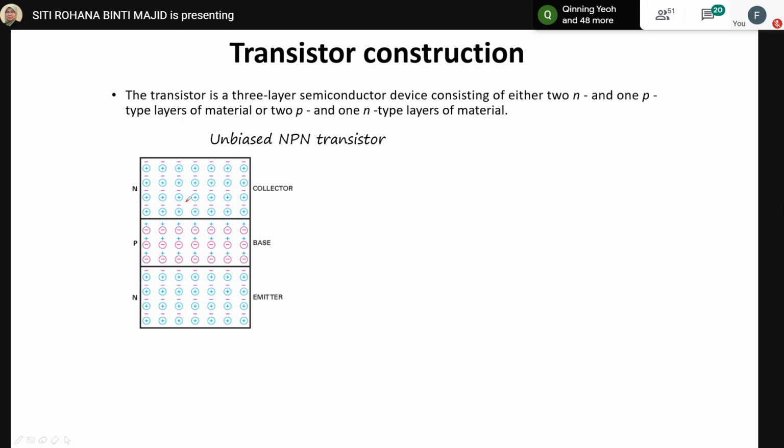I just want to remind you that in N we have majority electrons, and in P we have majority holes. Same thing for NPN: the top layer is called the collector, the second layer is the base, and the bottom layer is the emitter.